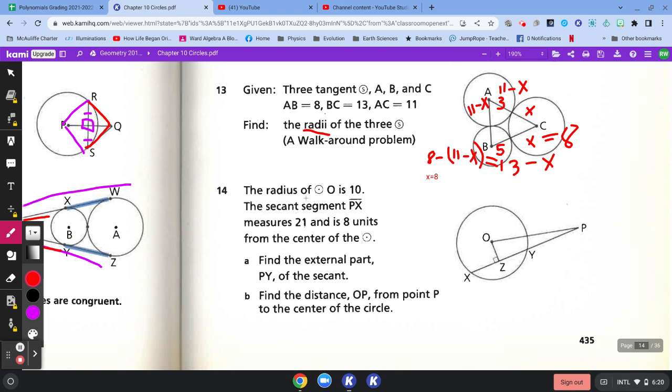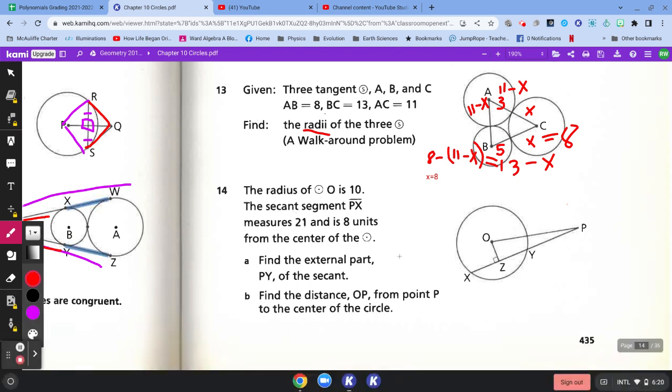So number 14, the radius of circle O is 10. And the secant segment PX measures 21 and is 8 units from the center of the circle.